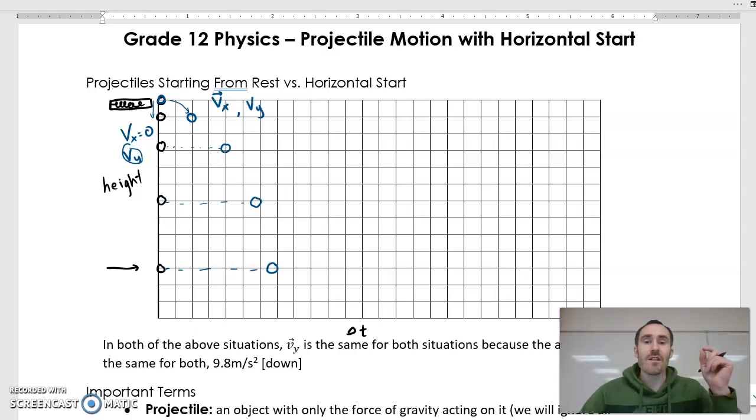That's important, that a projectile has an initial force that caused it to start moving forward, but once you have let go of that thing, then you are no longer pushing it forward. Then there's nothing that's pushing it forward. It has horizontal velocity because of the initial force at the beginning. And we don't need to take that initial force into account anymore after it's in free fall.